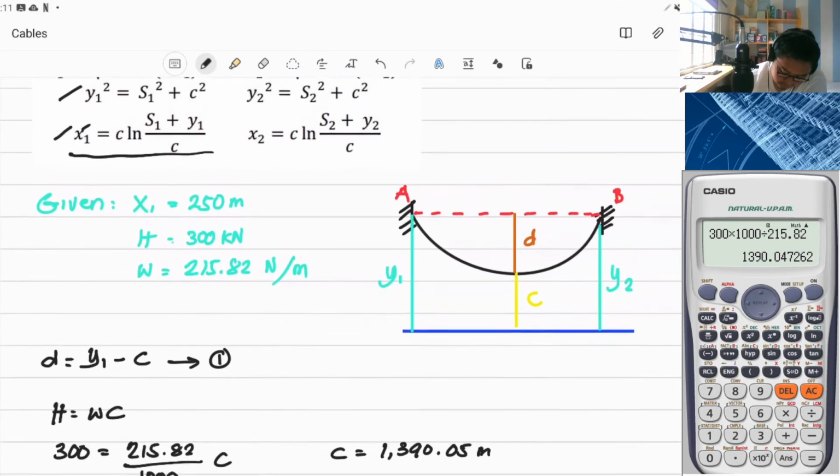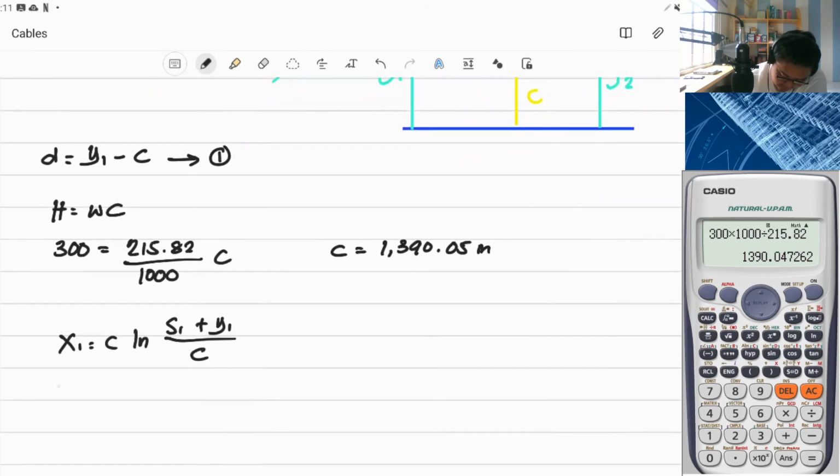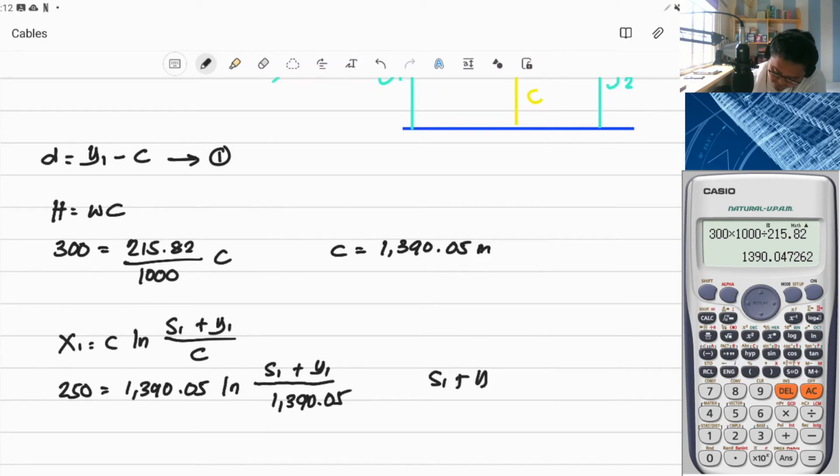We have x1 = 250, C is 1390.05, and we don't have S1 plus Y1, which is the unknown. So we can solve S1 plus Y1.